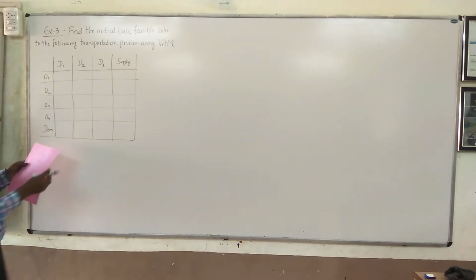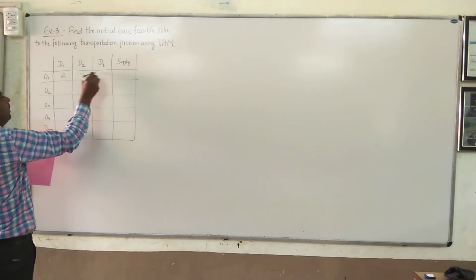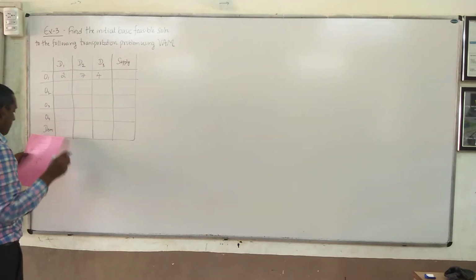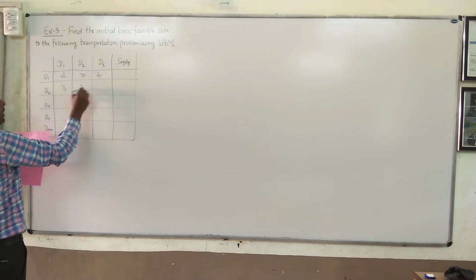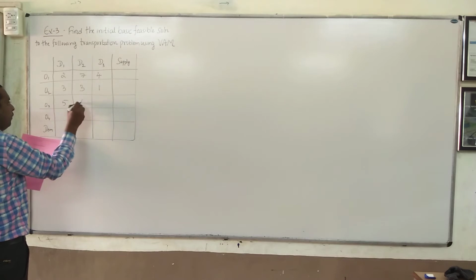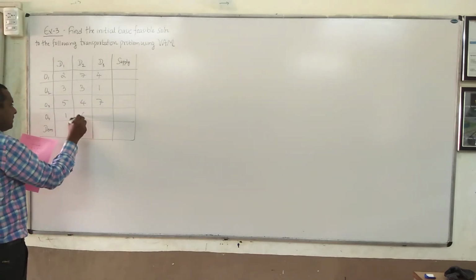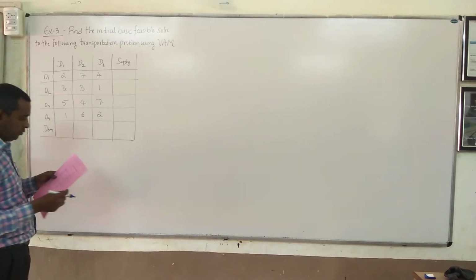So let me write the values here. This is 2, 7, 4, 3, 3, 1, 5, 4, 7, it is 162.